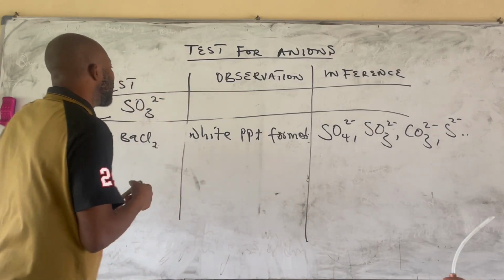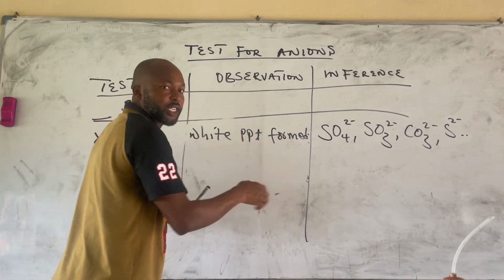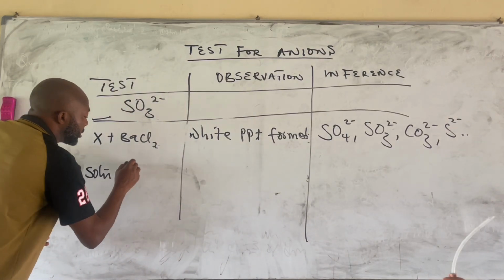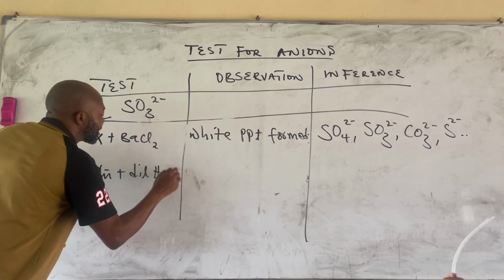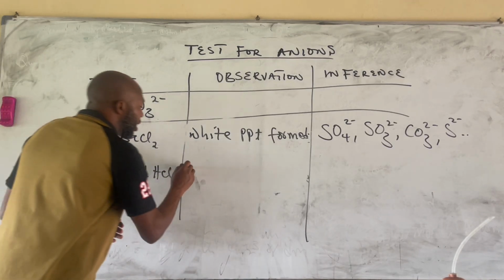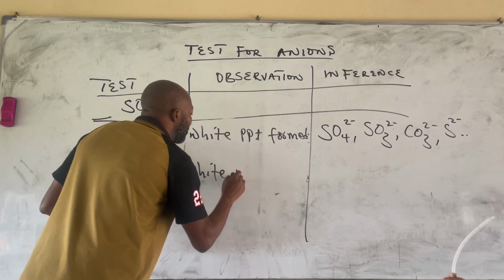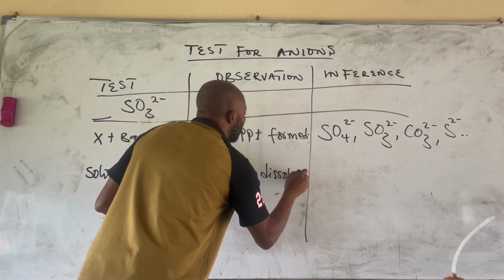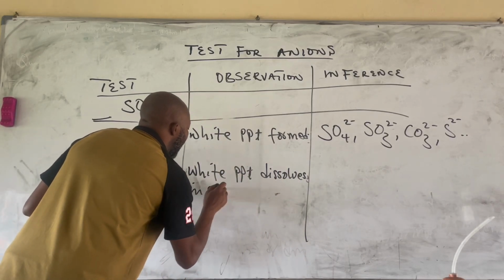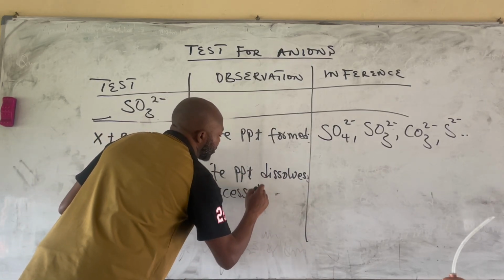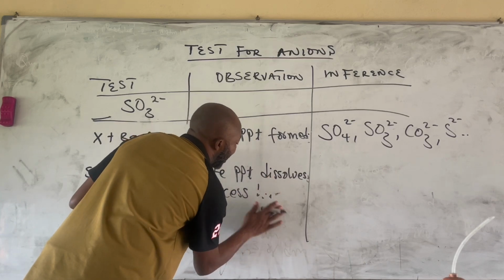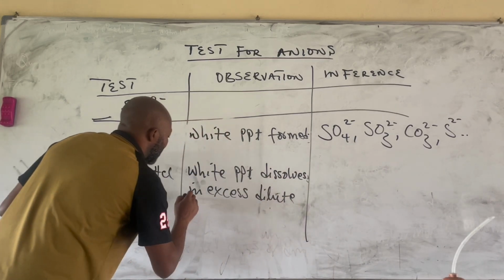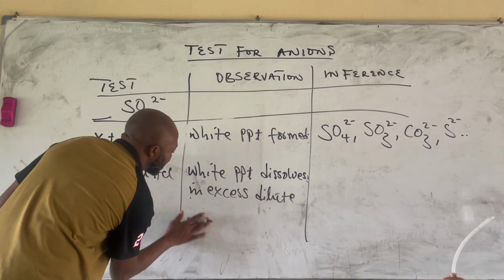Now, the second step is the solution that gave us this white precipitate. We say solution plus dilute hydrochloric acid in excess. We say white precipitate dissolves in excess dilute hydrochloric acid.